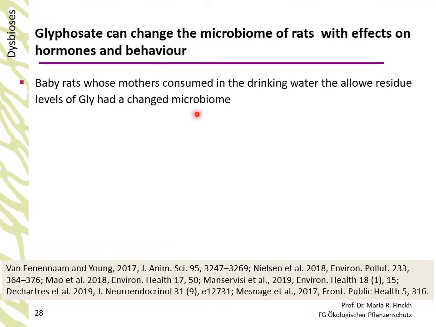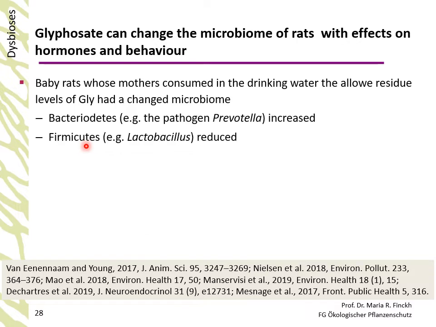Some experiments have been done, for example, on rats, looking at what happens if the rats consume glyphosate within the allowed residue levels that are normal in water. So baby rats whose mothers consumed in the drinking water the allowed residue levels of glyphosate had a changed microbiome.